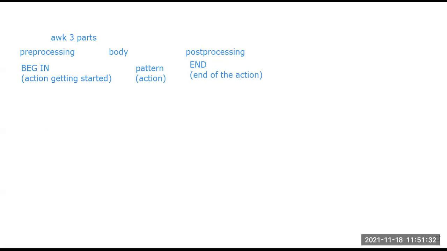After that comes the body part, that is pattern and action. Now the AWK script reads the file line by line and tries to find the matching parts. How does this happen? It happens through many processing logics that are applied to the input record.